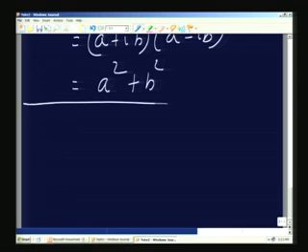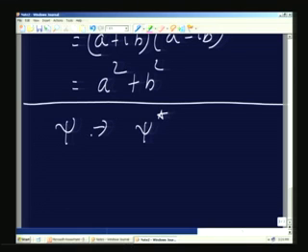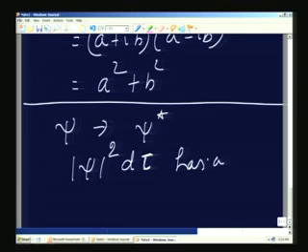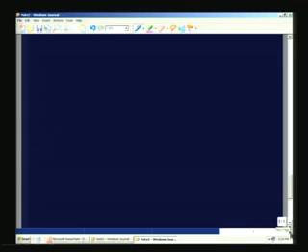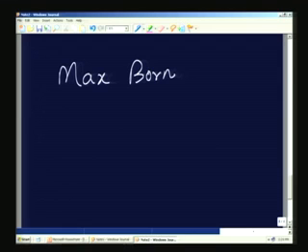The relevance is that if psi is a complex function, with complex conjugate psi star, the absolute value of psi squared in a small interval of space has a meaning. This meaning was given by another famous physicist, Max Born, another German physicist.